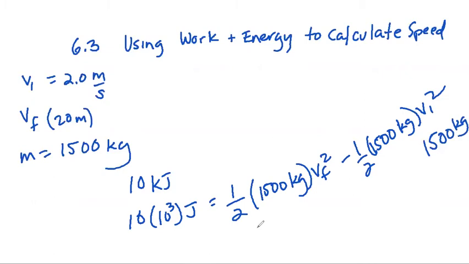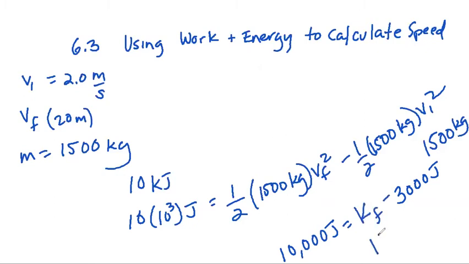They got kinetic initial is 3,000. This is 2 squared, that's 3,000. And I know that this whole total, 10,000 joules, equals K final minus that. So K final's got to equal 13,000 joules.